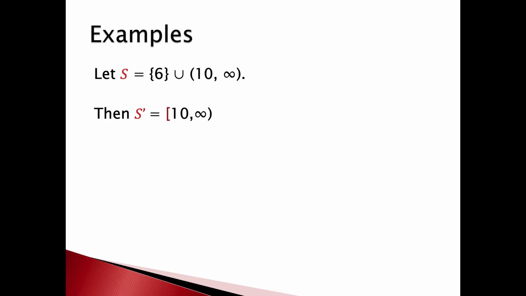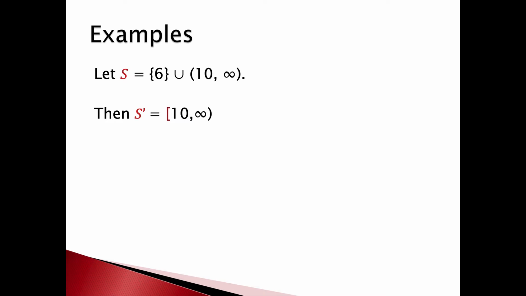So my neighborhood around 6 that's deleted would run from 5 to 7, only it doesn't count the 6 in the middle. And that deleted neighborhood doesn't hit S at all because I've deleted the 6. Right? That was the only point around 6 which is in S. So the interval from 5 to 7, you throw away the 6, doesn't intersect S at all.